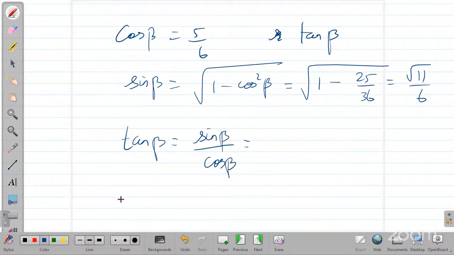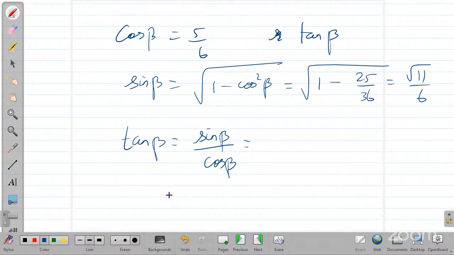So simplify and tell me the answer. Sine beta value is here, cos beta value is here. You just need to divide them.